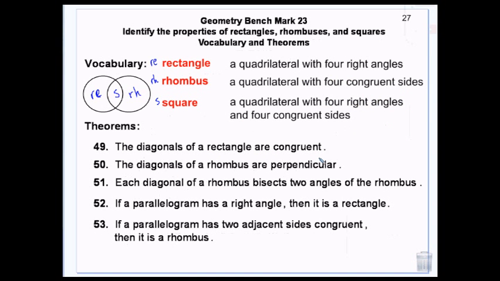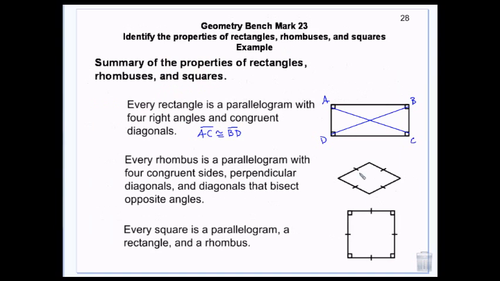The diagonals of a rhombus are perpendicular and each diagonal bisects 2 angles. So if I go back to my rhombus and I put in my diagonals of my rhombus, what I get is perpendicular angles, and then these are bisected, so those are all equal, and then these are bisected, so these are all equal.